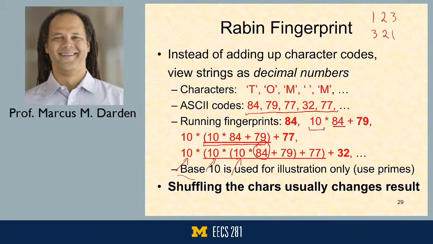And I said here, base 10 is used just for illustration because we know how to multiply by tens. It's easy for us to think that way. We would like to use prime numbers, or something at the very least that is larger than the total number of characters in my alphabet. So that's what I'd like to do, is get some prime number. When I say that, if I'm working on lowercase ASCII characters, there's 26 of those. I would like some prime number that's larger than 26. So the first one of those is 29.